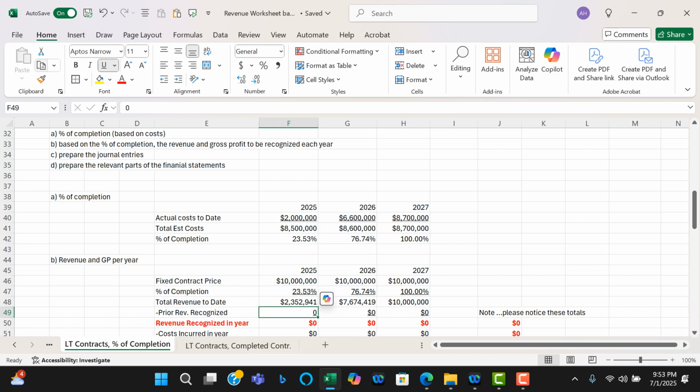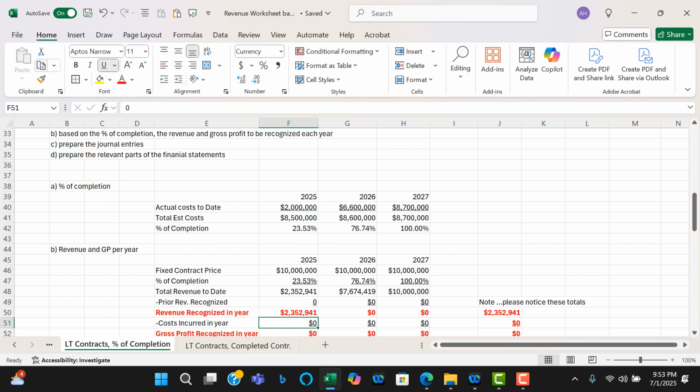And that will give us the revenue that we should recognize at this point in time. From a 2025 perspective, that's zero because we didn't start the project until 2025, so you could not have recognized revenue in previous years. So basically, this is going to be 2,352,941 minus that right there, which is zero.